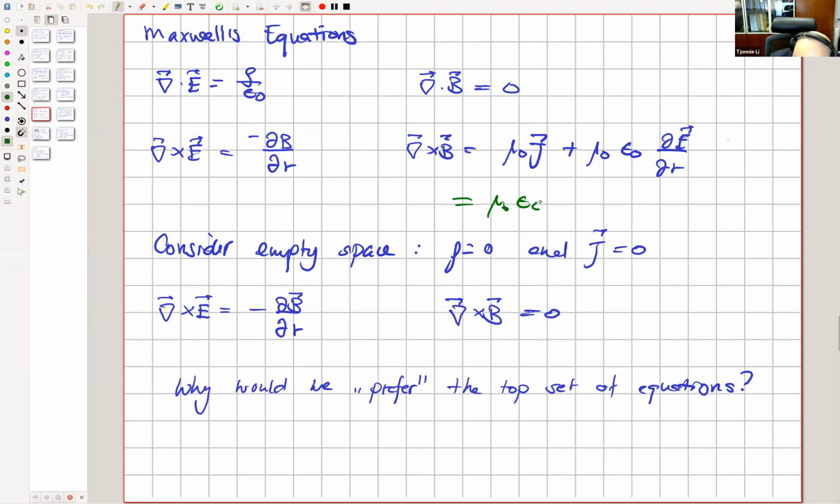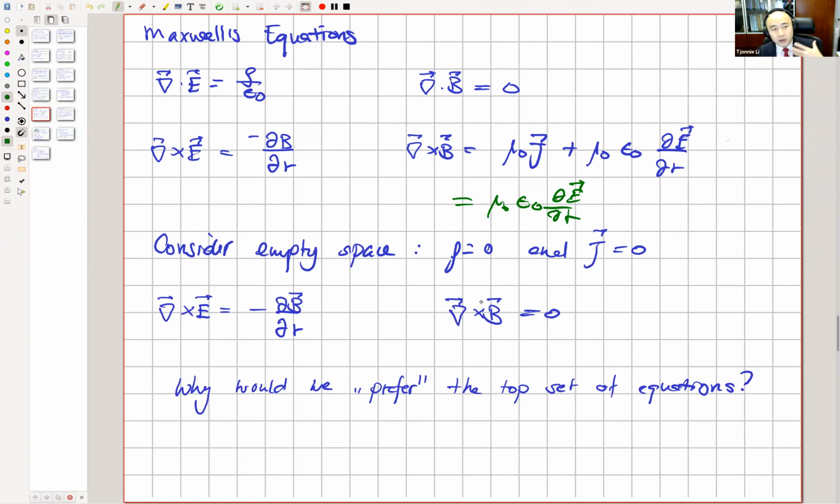Mu naught epsilon naught partial E partial t. And so from a mathematical perspective, this equation here in green and this equation here in blue are both consistent, right? They're absolutely fine. There are no mathematical inconsistencies if the equations were like this.